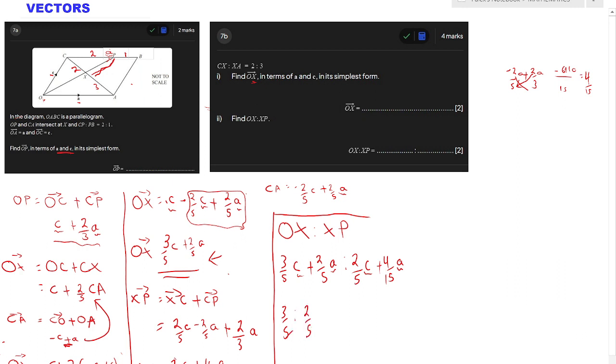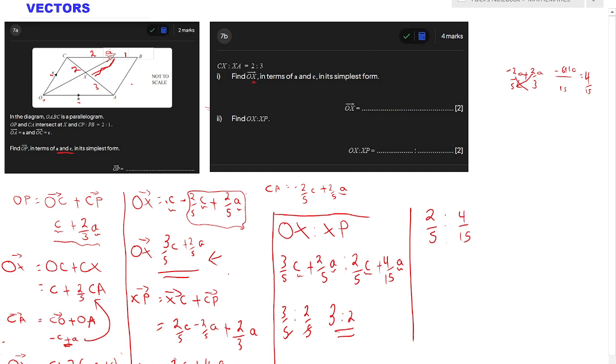The denominators are the same, therefore the ratio is 3:2. That is the ratio OX to XP. But you also need to confirm that the other ones coincide. The coefficients of A are 2 over 5 to 4 over 15.